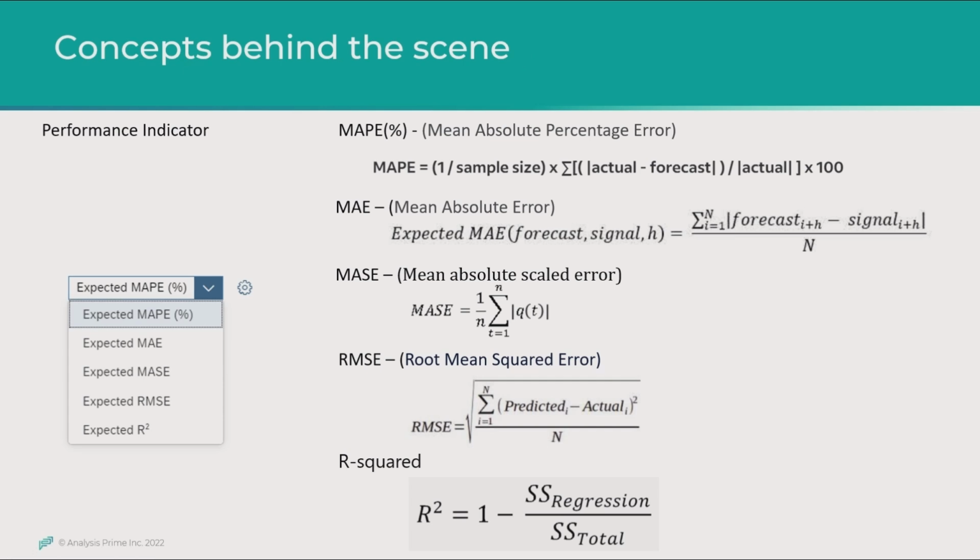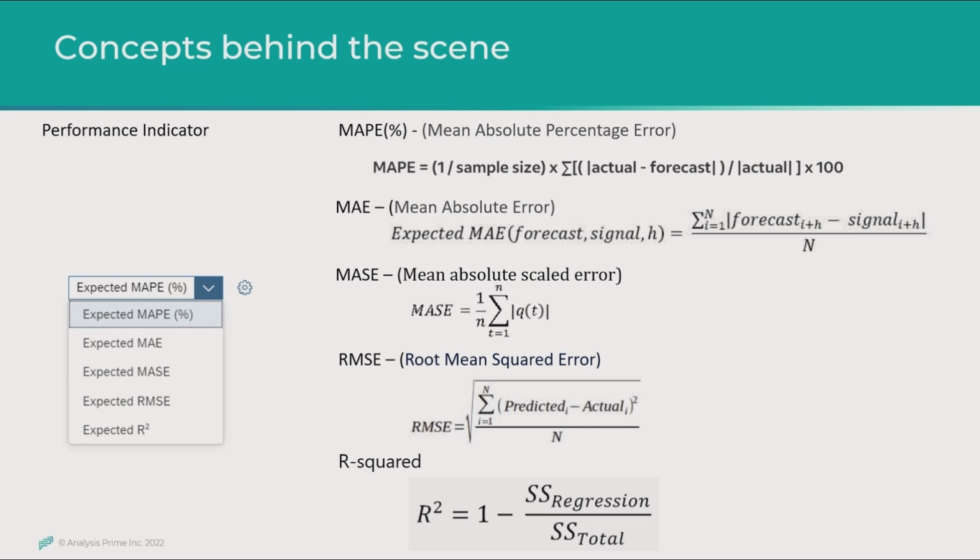Some data scientists use different ways to evaluate the behavior of data. The most used are mean absolute percentage error, mean absolute error, mean absolute scaled error, root mean squared error, and R squared.